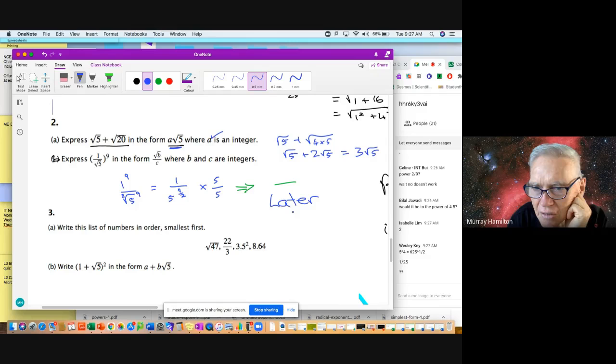Wesley, have you got it? 5 to the power of 4.5. Yeah, but this is 5 to the power of 4.5. I wonder what would happen if we did it on our calculator. 1 divided by 5 to the power of 4.5.